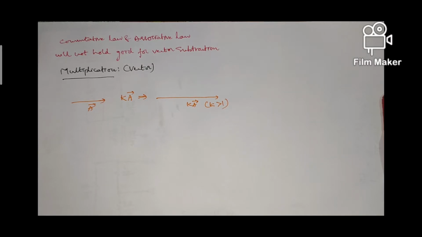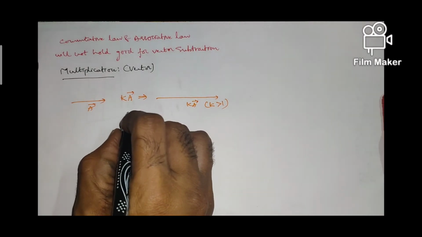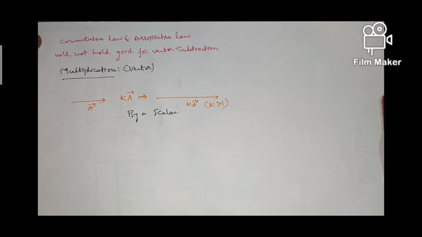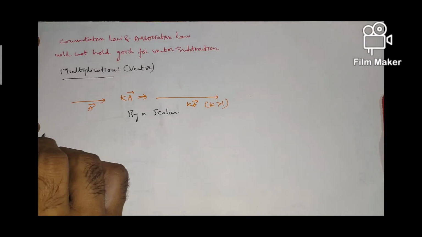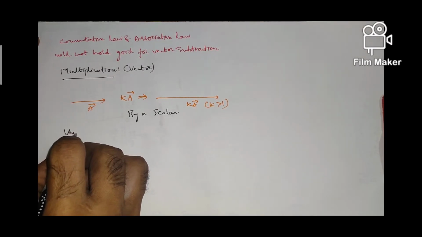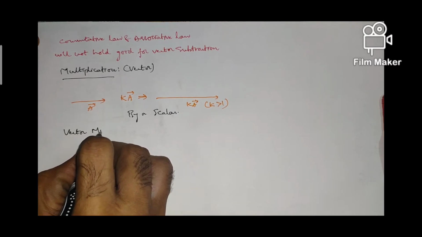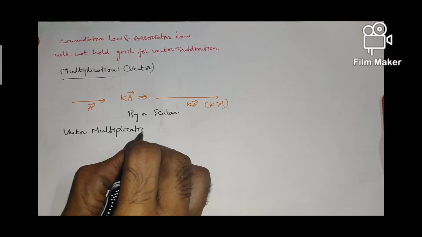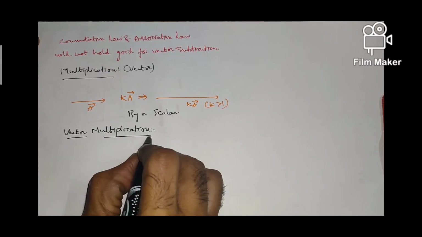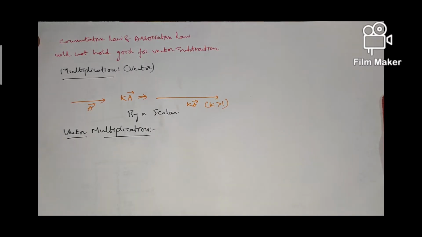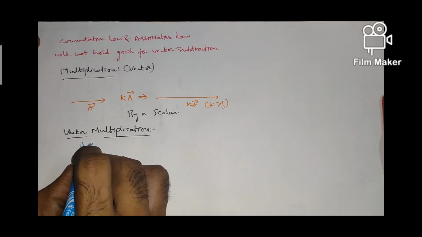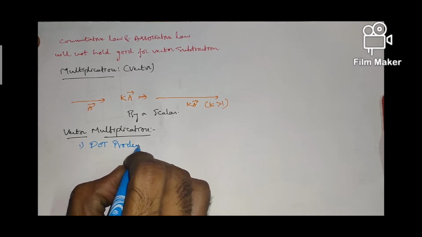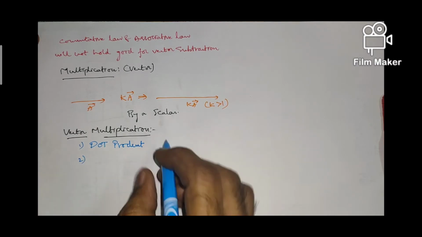Next, let us consider vector multiplication. Here we operate two vectors in order to have the multiplication analysis. First one is dot product or scalar product.